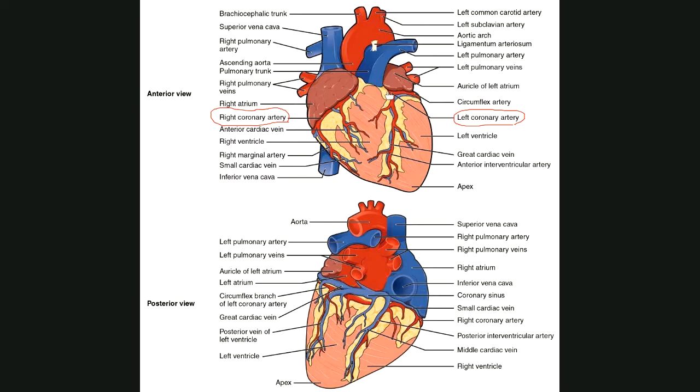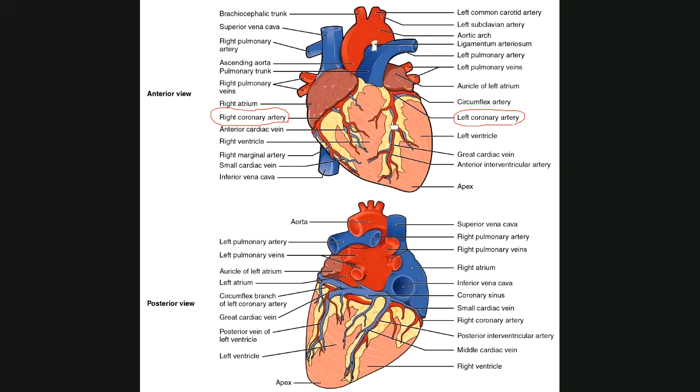First, I want to talk about the left branch. The left branch, which is located in the back of our pulmonary trunk, comes to the coronary sulcus, and then it divides into two branches. One of them is this one, which is located in the anterior interventricular sulcus.